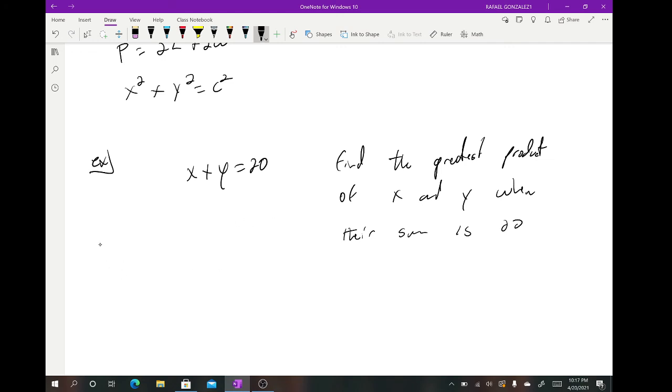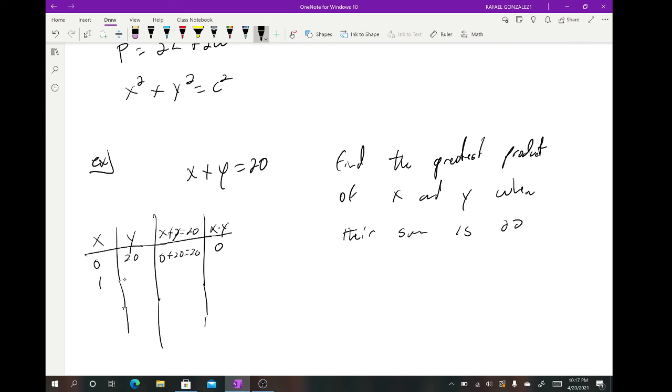So let's say if you did a table for x and y, you're looking for values that add up to 20 but multiply to a big value. You could begin with 0 times 20. Well, 0 plus 20 is 20, but the multiplication of that is 0, right? And you could do it for every single value, and you will see that eventually you will get it.